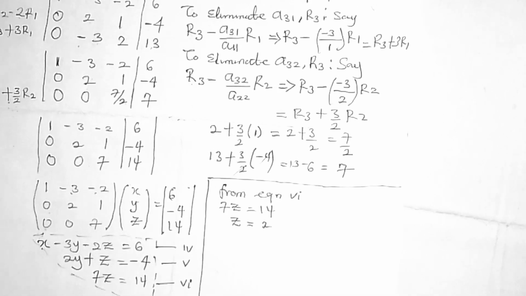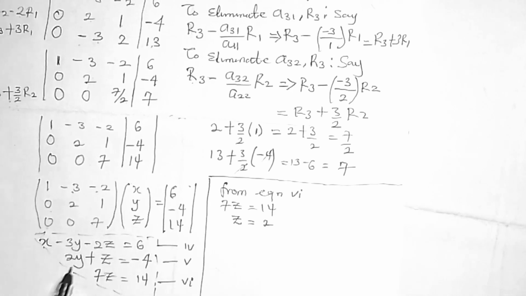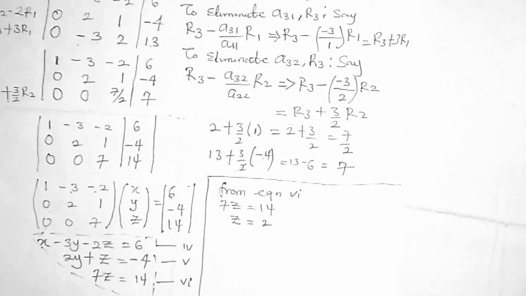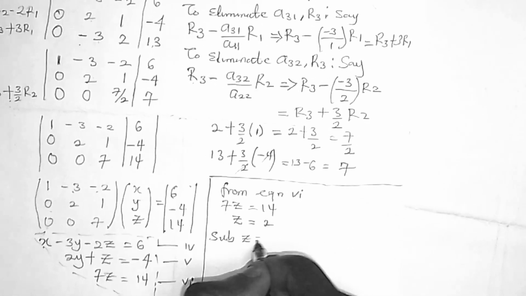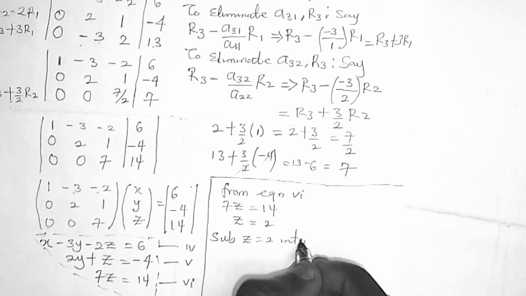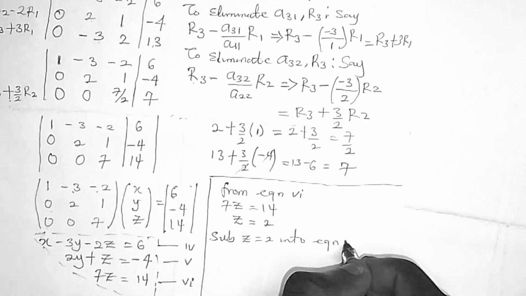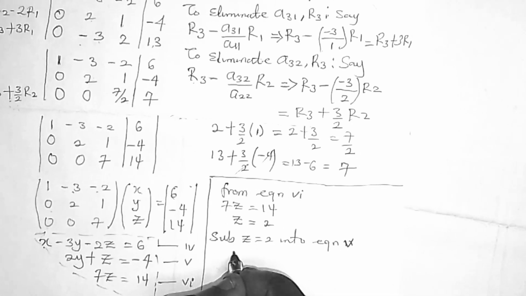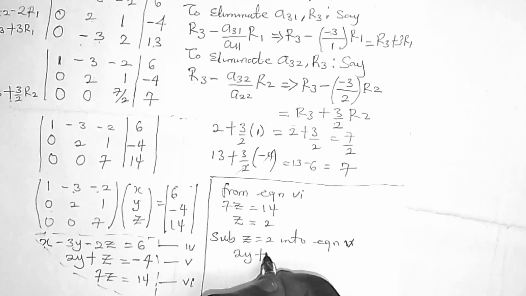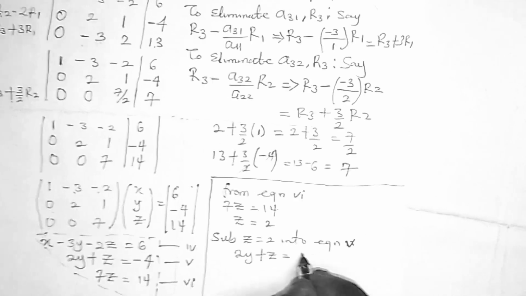Do you understand that now? So z equals to what? 2. And if z equal to 2, put z into equation 5. If you put z into equation 5, so substitute z equals 2 into equation 5. What is equation 5? Equation 5 is what? 2y plus z equal to what?